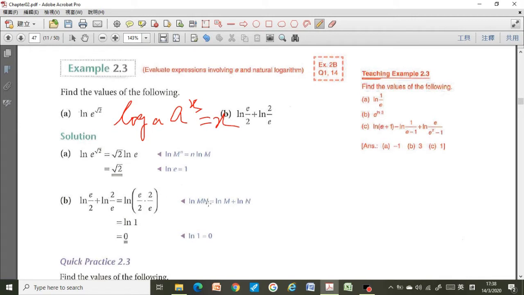Another way to do it is, just like you have two numbers, one divided by the other, and taking logarithm.